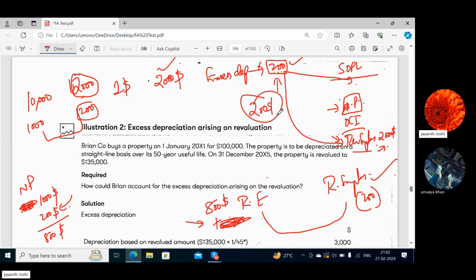This expenditure has been created because of this income or because of other income? See, this 200 excess depreciation which has been created is because of this revaluation surplus, not any other income. So now this particular expenditure should be matched with this income, right?